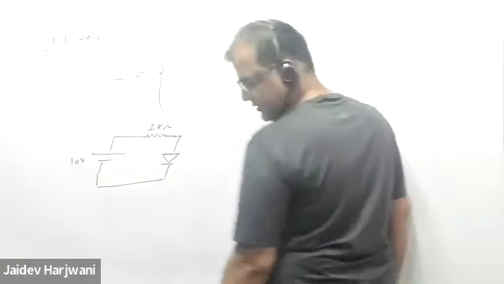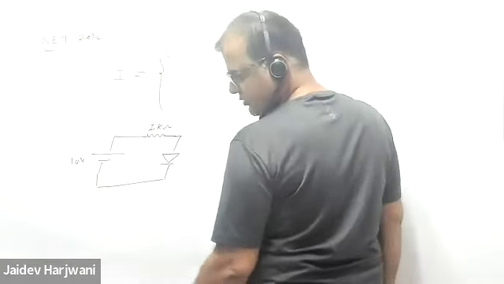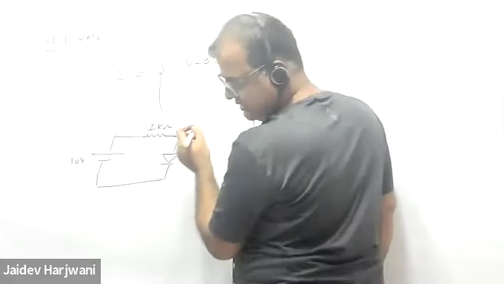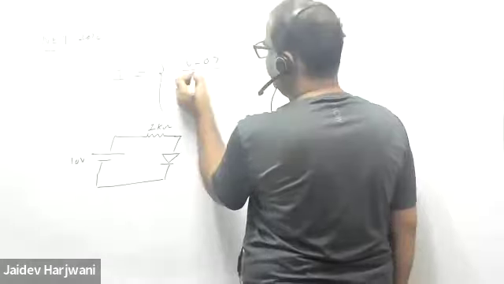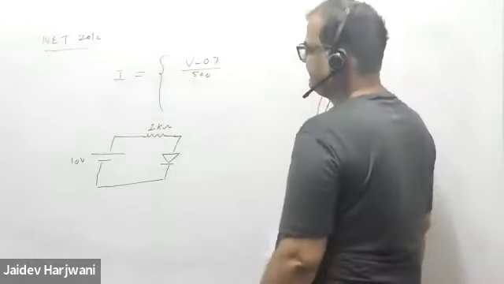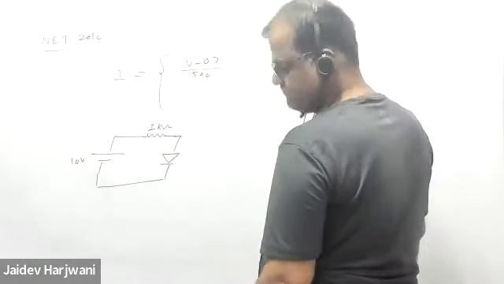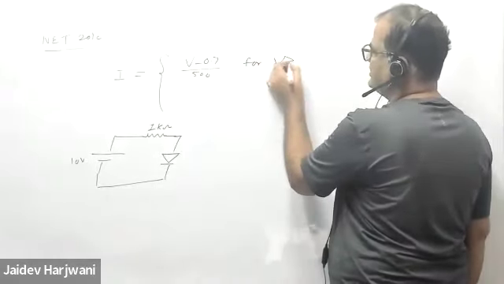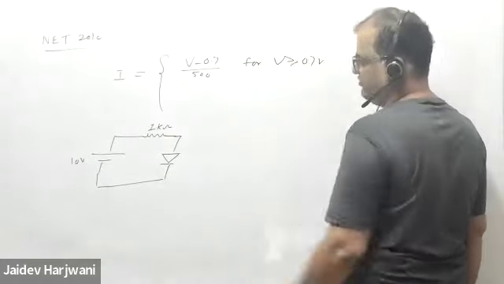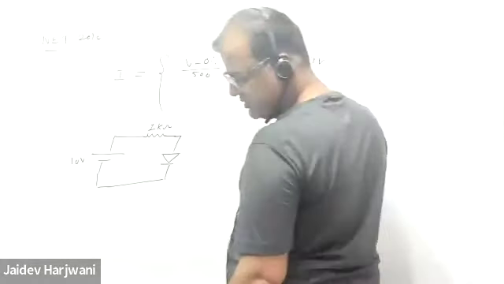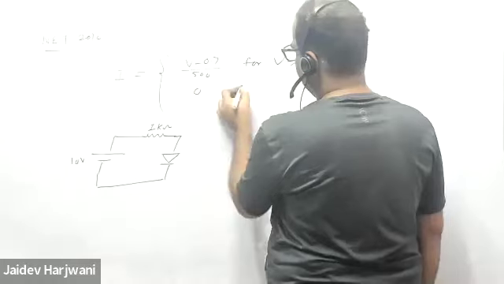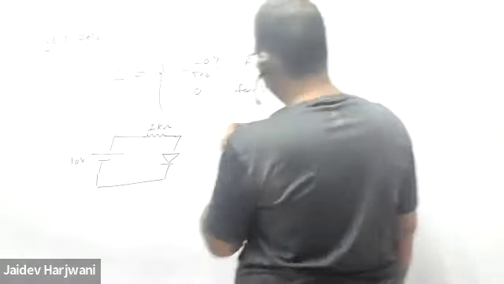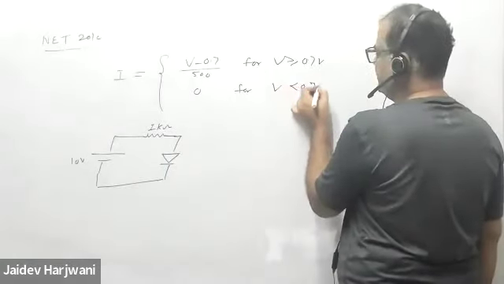The current flowing through the diode is equal to V minus 0.7 divided by 500, for V greater than 0.7 volt, where V across the diode is 0.7 volt, or 0 when V is less than 0.7 volt.